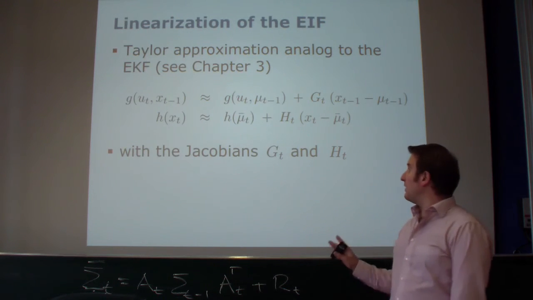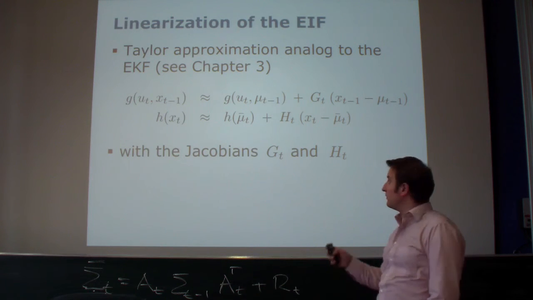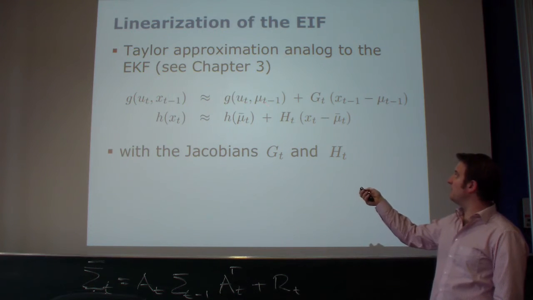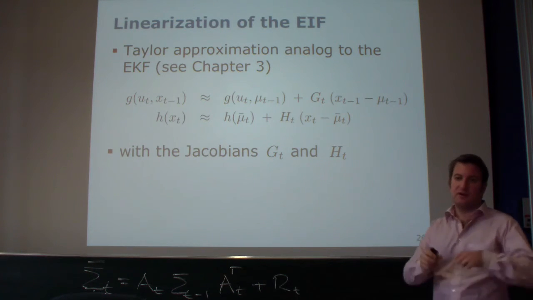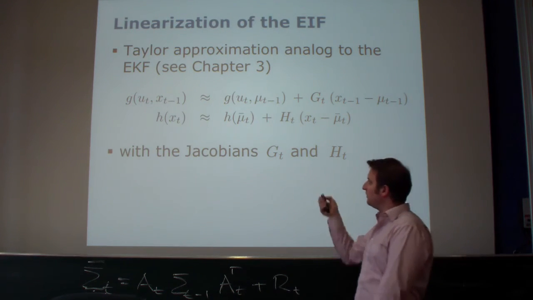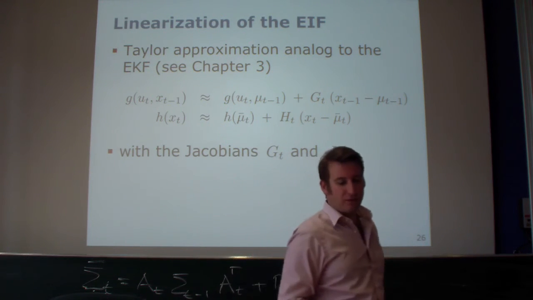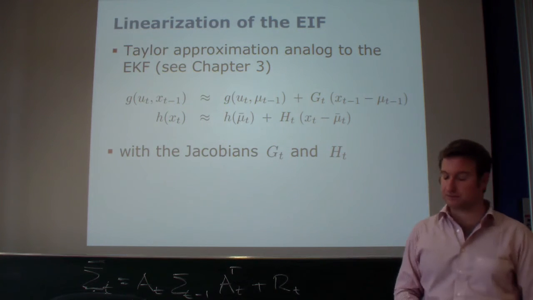So we use exactly the same Jacobians as before for linearization. We have our function g evaluated at the mean, and then the Jacobians measuring the difference to the mean. It's the same thing for the measurement functions, exactly the same way as for the extended Kalman filter.